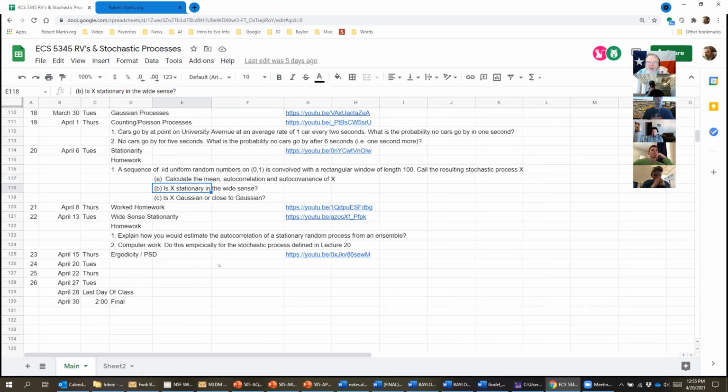Okay. Is X stationary in the wide sense? Well, we're having a little bit of problems with these, aren't we? That's okay. We want to identify that a little bit more closely. And then lastly, is X Gaussian or close to Gaussian?